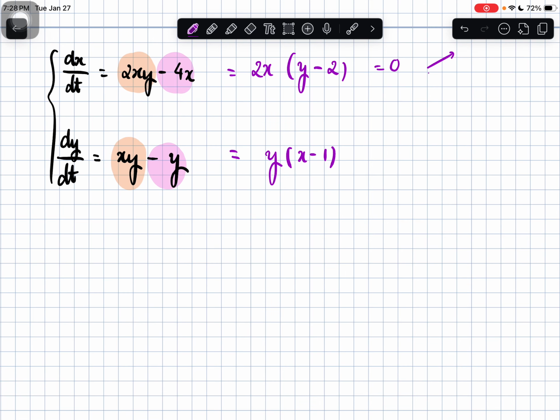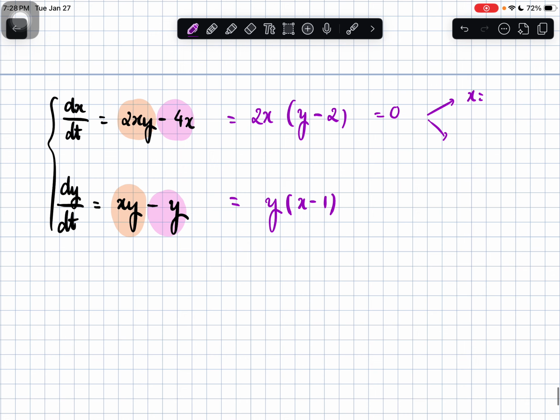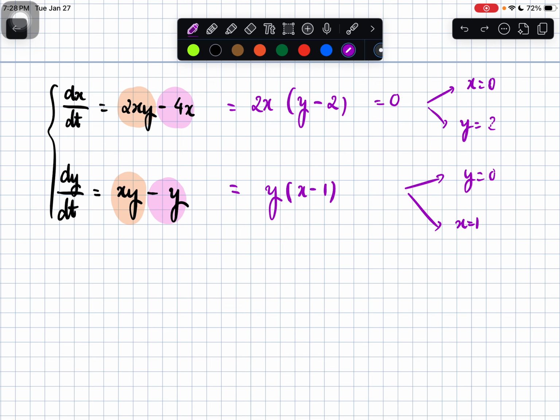We have the case x equals 0 or y equal to 0, or x equal to 1. So we have two critical points, so two isolated critical points, (0, 0) and (1, 2).